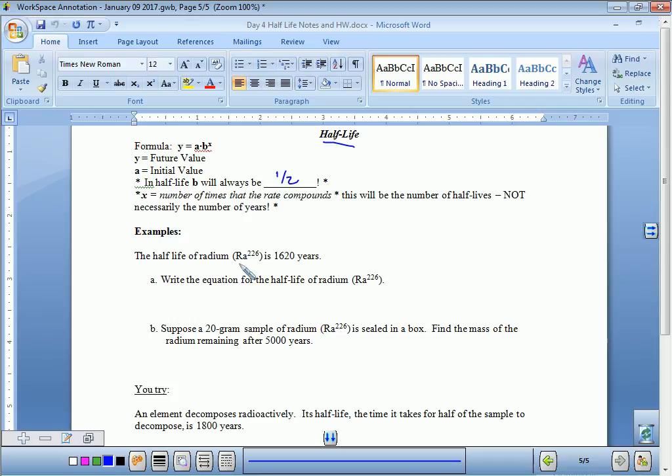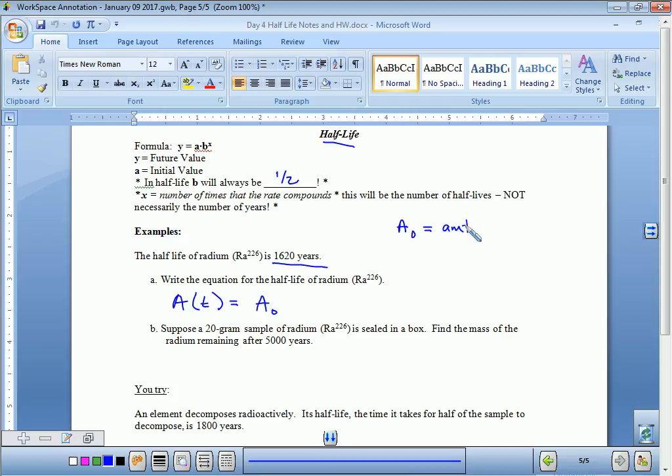So the first one we're going to look at is radium-226. It has a half-life of a little bit longer than most of us will live, 1,620 years. So if we were to write an equation that represents the half-life of radium, the amount left with respect to time is equal to the initial amount. In math and science, when we talk about an initial amount, we use the little zero, naught. We would say A naught, at time zero.